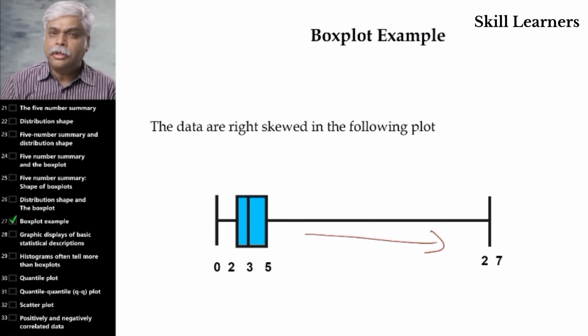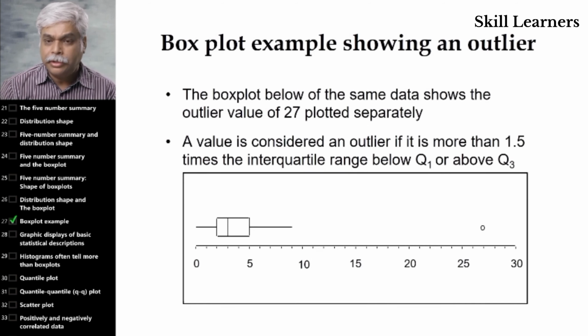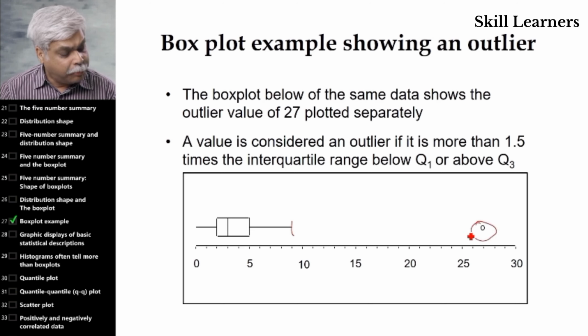This sometimes doesn't come across as being very representative of the data. So the box plot is sometimes reshaped a little bit to stop at a certain point and say that if you are above this point, I will not extend the whisker, but I'll simply indicate a point above as an outlier.